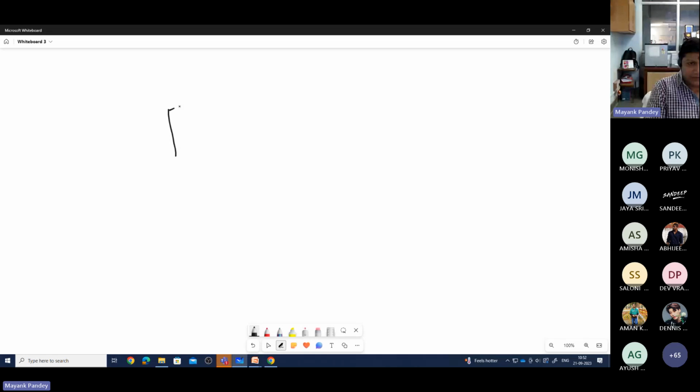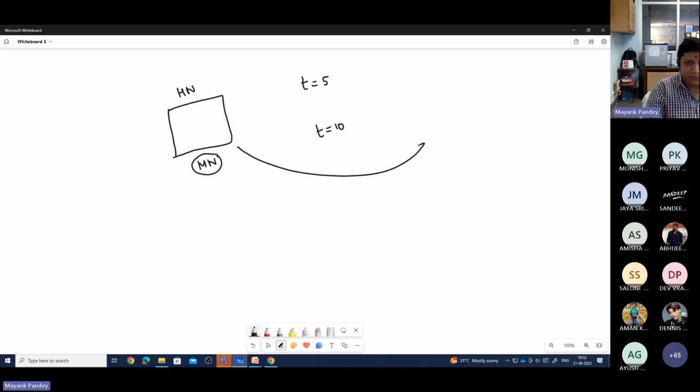Suppose this is a home subnet, the home network, and there is a mobile node which, up till t equal to 5, is in the home network. At t equal to 10, it has moved out towards a foreign network.